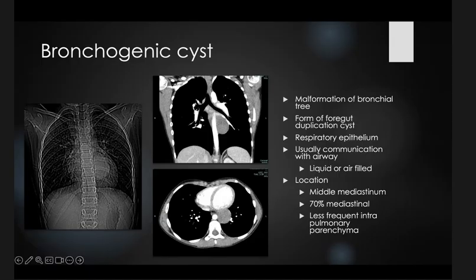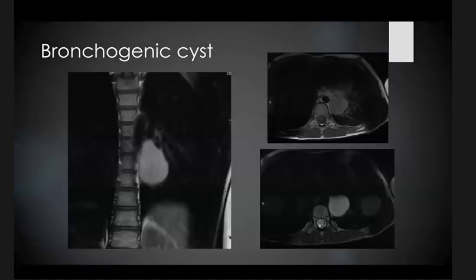Here you have that mass, in between the middle and the posterior mediastinum, which was completely cystic on the MR, and was a bronchogenic cyst.